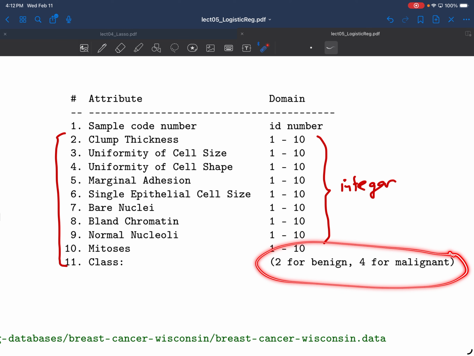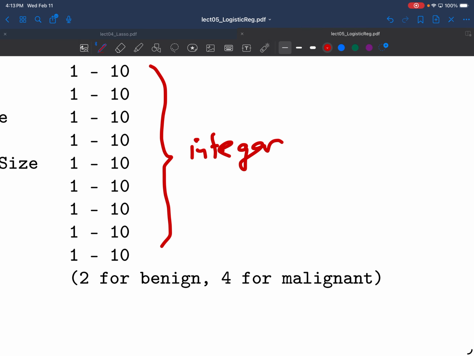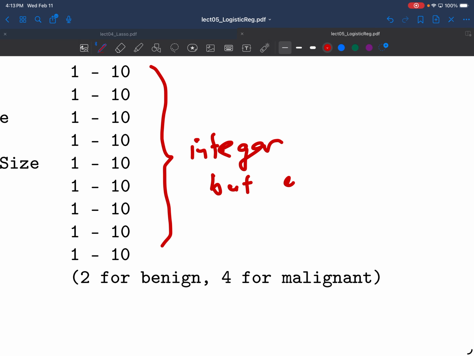In this case, there are 2 categories for the target. In general, there might be 3 or more categories, and we don't think of them as ordered numbers. We just think of them as different categories. That's what makes classification, what we're studying now, different from regression, which is what we have studied until now. So integer but ordinal.